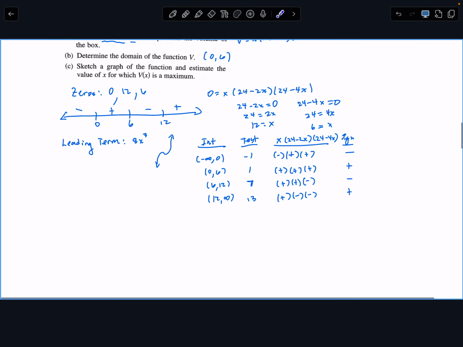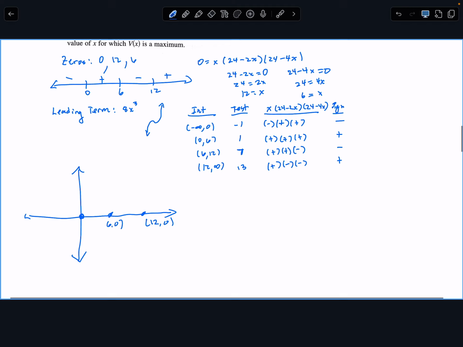So if I sketch a graph, I have the points (0, 0), (6, 0), and (12, 0). With that sign graph, I have to be coming from negative infinity.